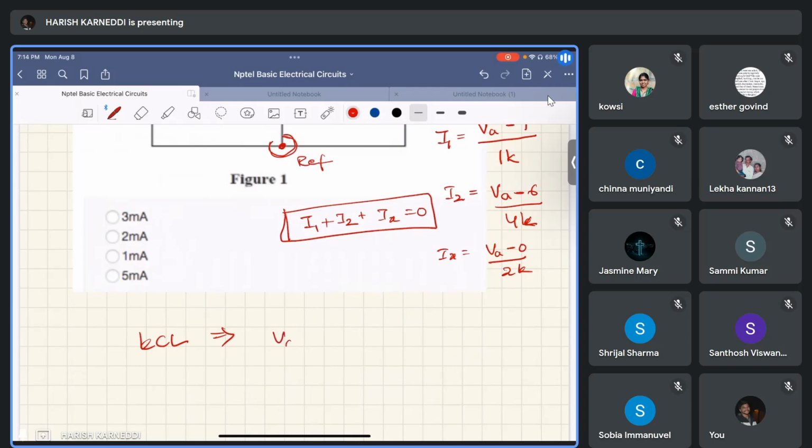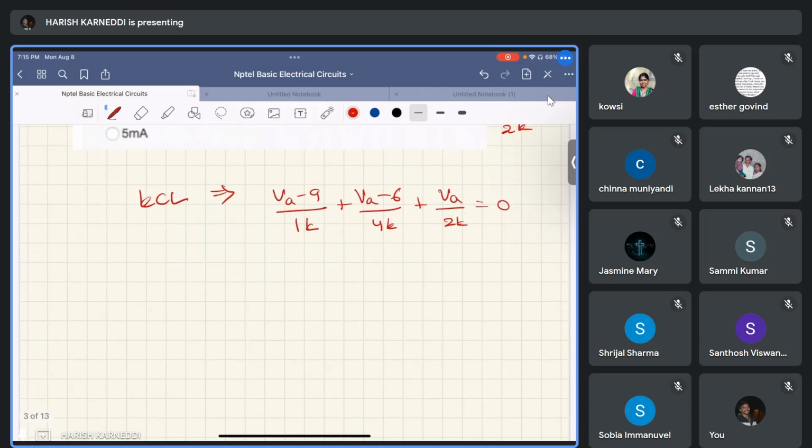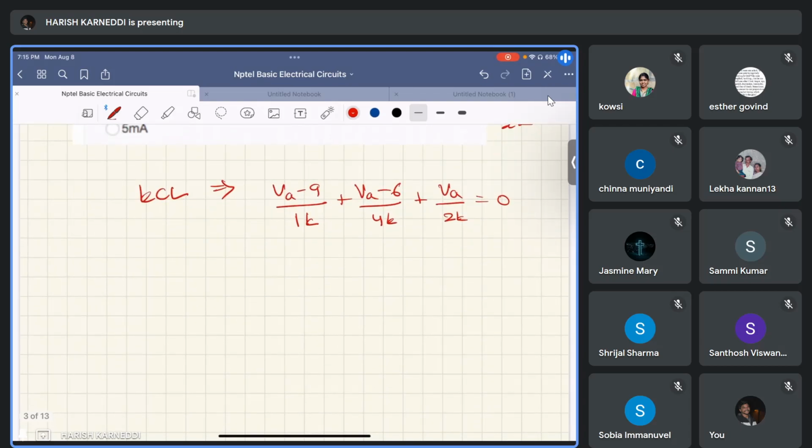That is VA minus 9 by 1 kilo ohm plus VA minus 6 by 4 kilo ohm plus Ix. VA minus 0 means VA. VA by 2K equal to 0, right? This is our KCL equation at node A.